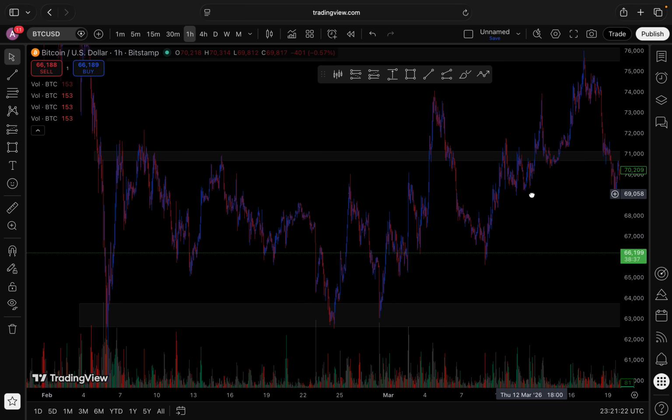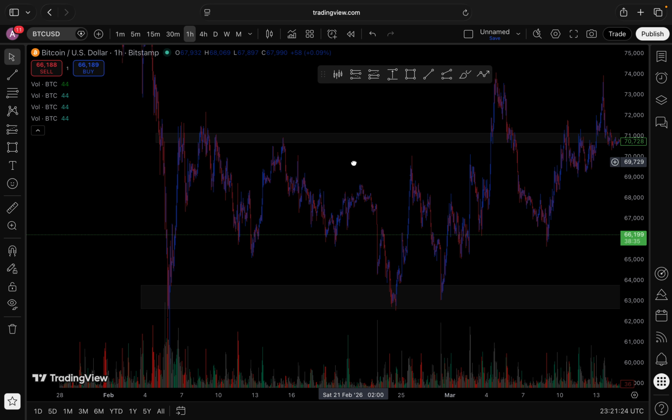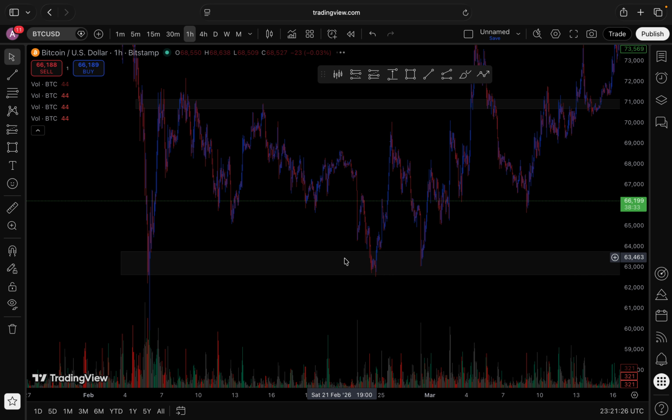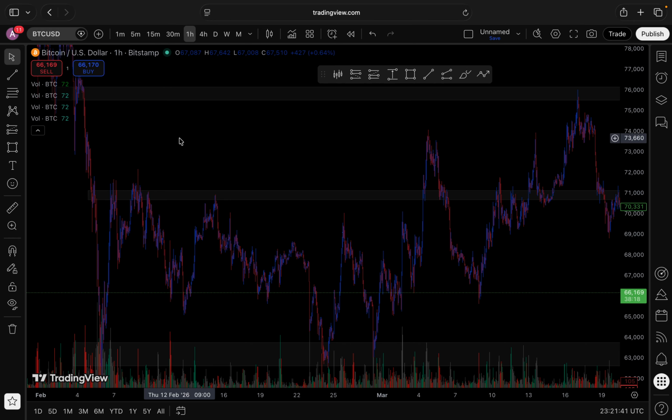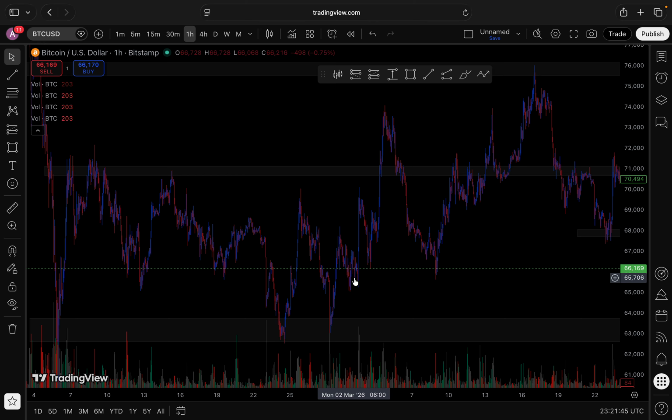You see? Boom. This is a key level of buyers right here. This is like a key level of sellers. Price comes back here. Sellers push off to this level of buyers. Buyers push back up to this level of sellers. Then sellers push back to this level of buyers. And then price goes up, taps into this level of sellers because price had came down. And then price comes back down to this level of buyers.